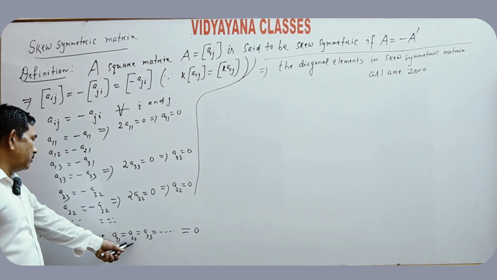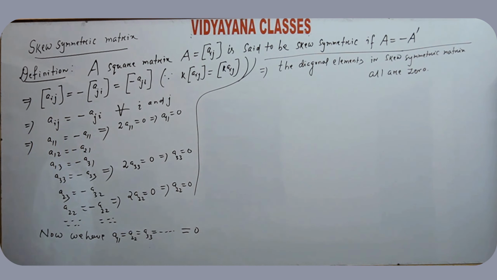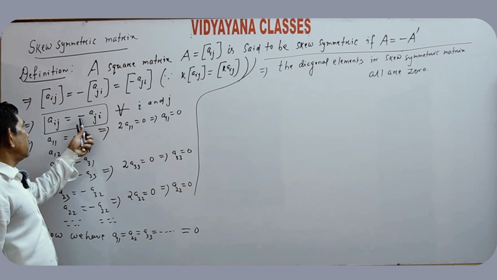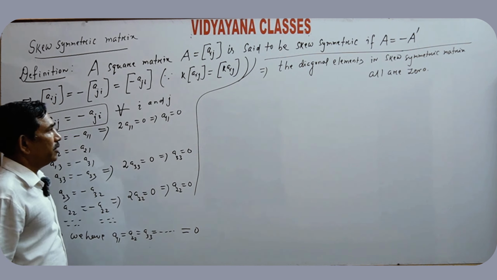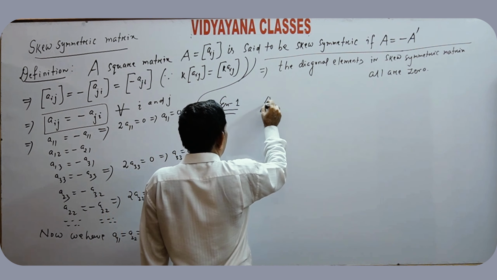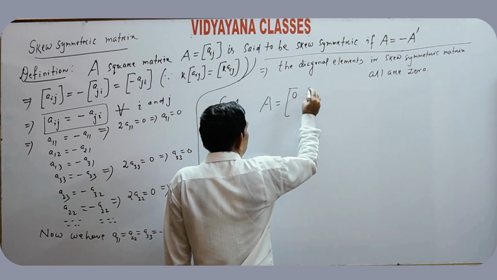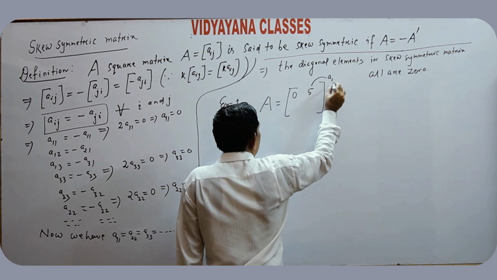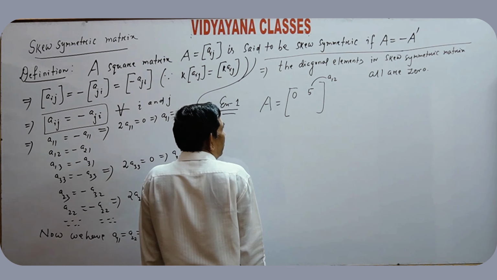Since A11 is equal to 0, A22 is equal to 0, A33 is equal to 0. But Aij is negative of Aji. A12 is negative of A21. For example, all diagonal elements are 0. 0, 5: it is the element of first row and second column, A12, which will be negative of A21.